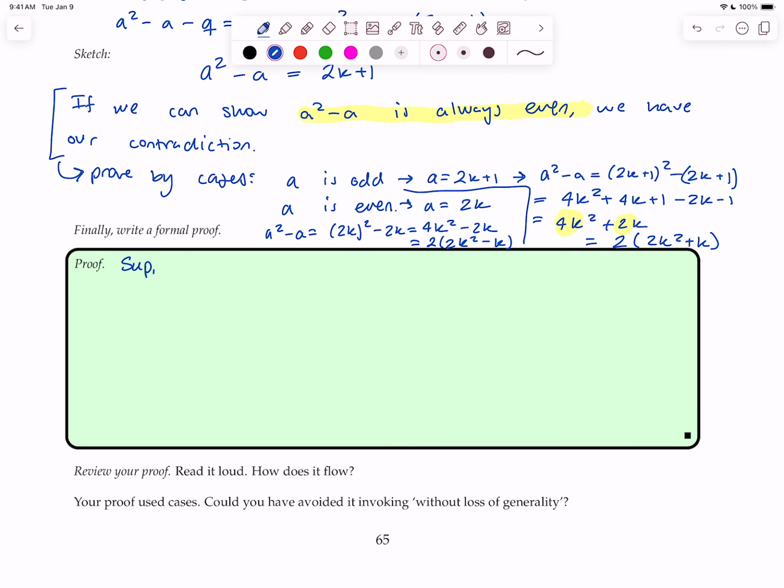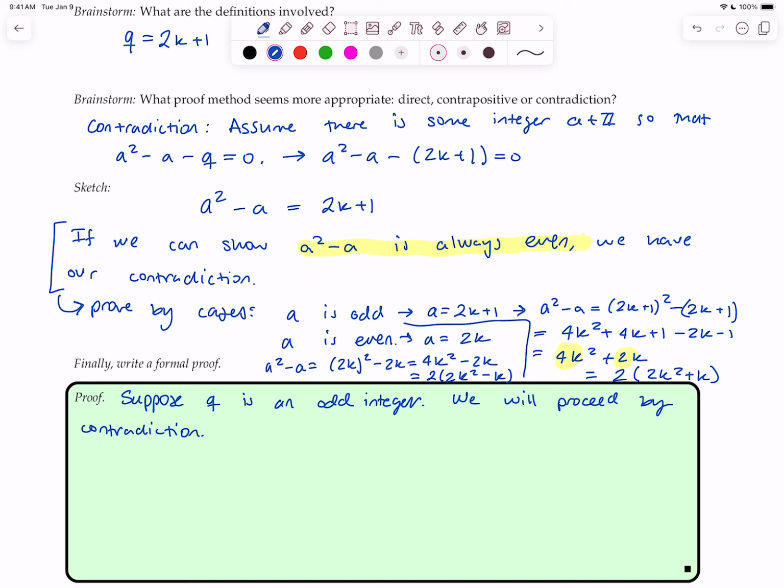So suppose q is an odd integer. We will proceed by contradiction. So in a proof by contradiction, we're allowed to assume our hypothesis and not the conclusion, right? So we get to assume there is some integer a that satisfies that equation.